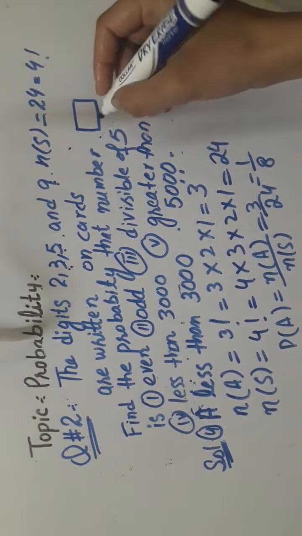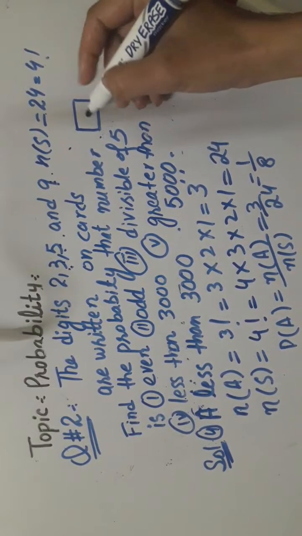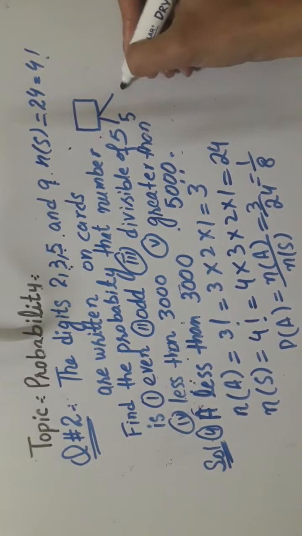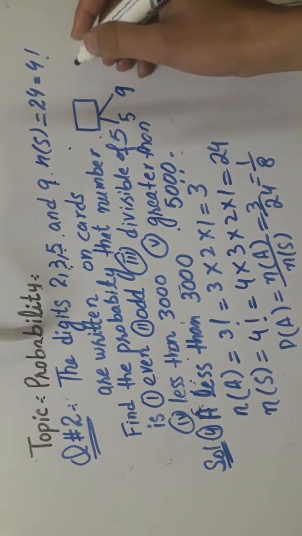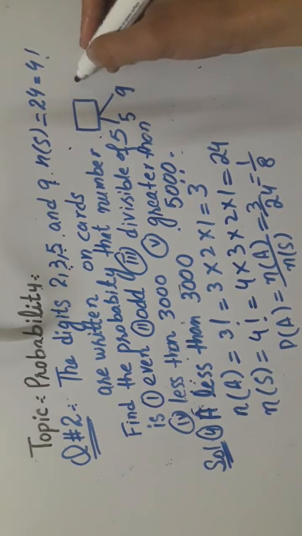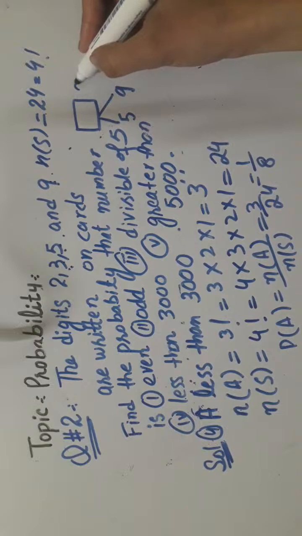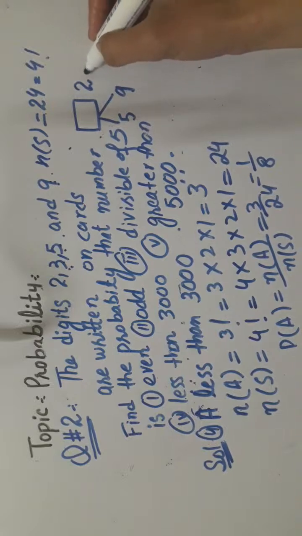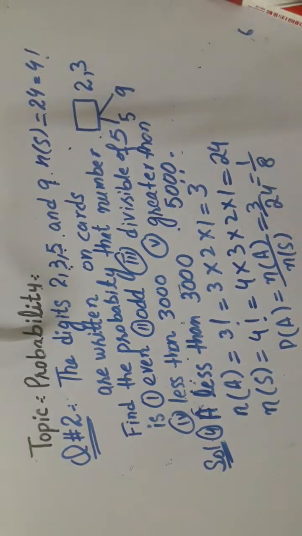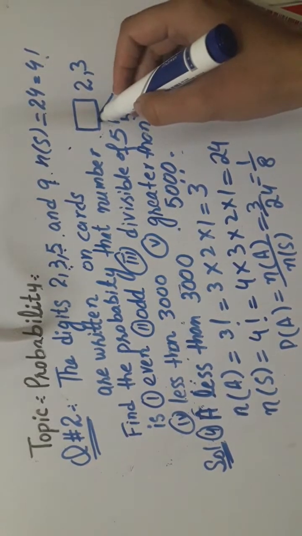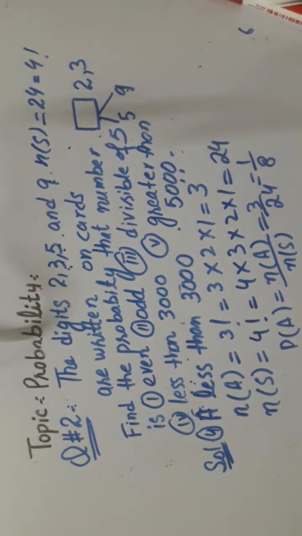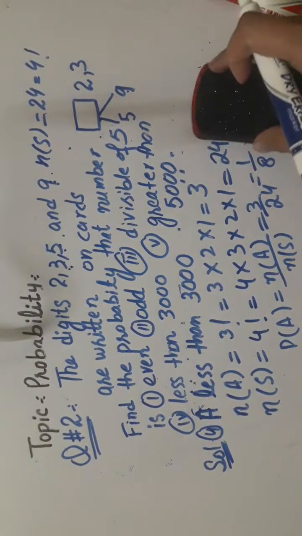Greater than 5000 means our first digit may be 5 or 9, and the other two digits can be changed, and you will use 2, 3 in place of this, or 5 and any other number. But at the start you just use 5 or 9. So we will solve this.